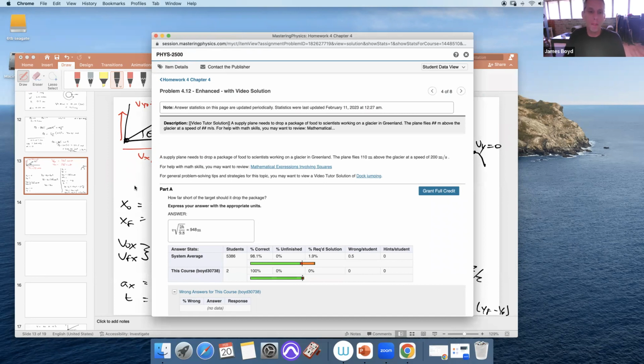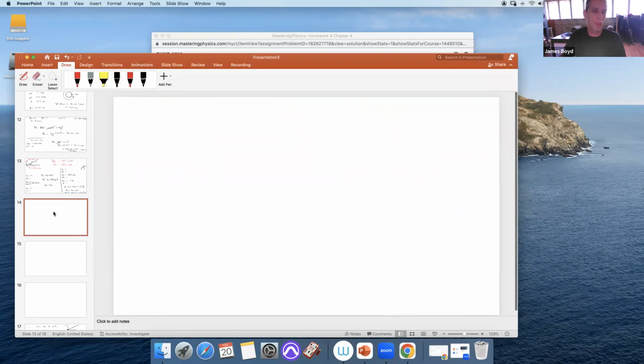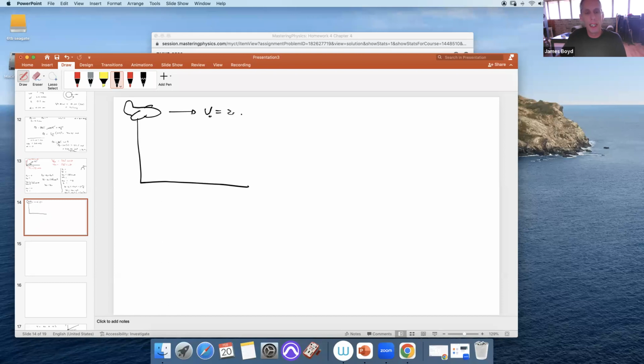Here, we're going to start with the following problem, which is a little weird. We have a plane that's initially flying at a speed of 200 meters per second in the x direction only.